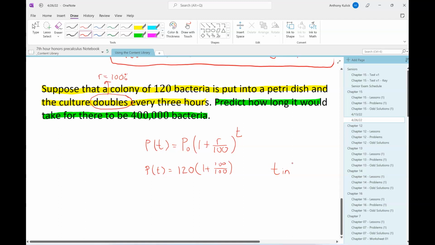Now, what unit should we write t in? What unit of time? Hours seems appropriate. Now, this doubling happens every 3 hours, so instead of t, I need to write t over 3, right? We get 1/3 of a double in an hour, because it takes 3 hours to do a full double.